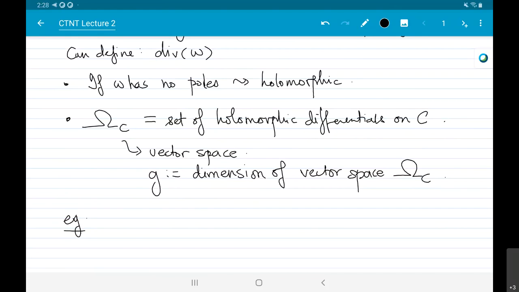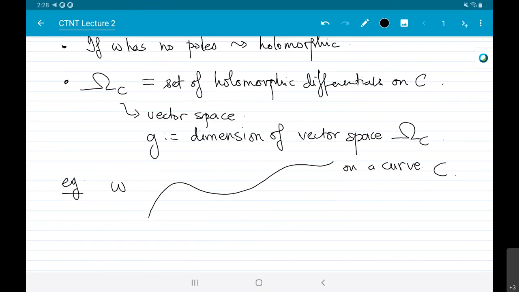If you have omega, which is some differential on a curve, then locally I'm going to write div omega tautologically as the order of omega at each point P. So the question is, what do I mean by the order of a differential at a point?